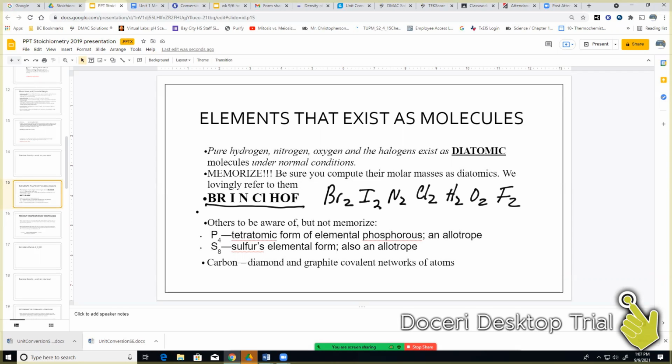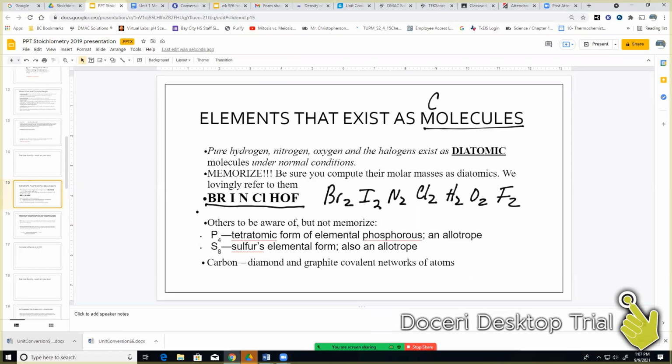And so that affects sometimes their molar mass, because if they're all by themselves, you have to figure them as two atoms, not just one. There's also some other ones you don't see as much. Phosphorus is tetraatomic, and sulfur has 8 atoms together when it's all by itself. Once again, we don't see those as much as some of the other ones.